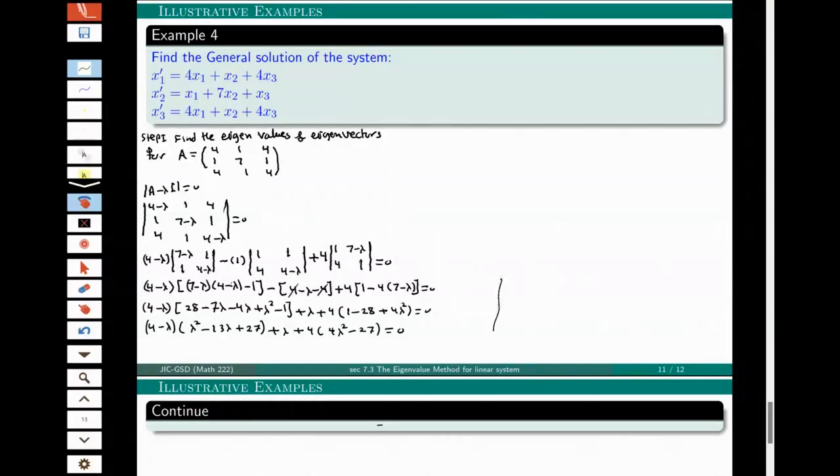Let me see. Let's expand it and see what will happen. What I will have here, if I expand, 4 times lambda squared is 4 lambda squared, and 4 times minus 13. Let me use the calculator to make life easy for me.